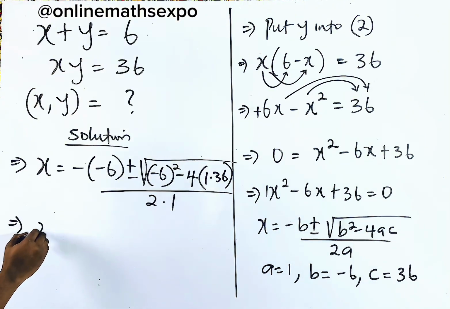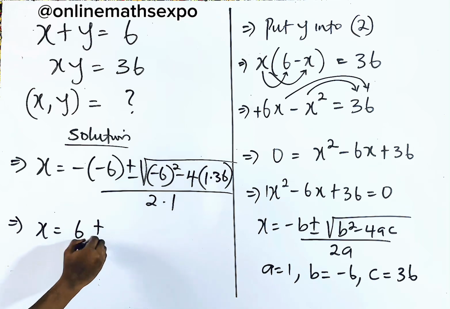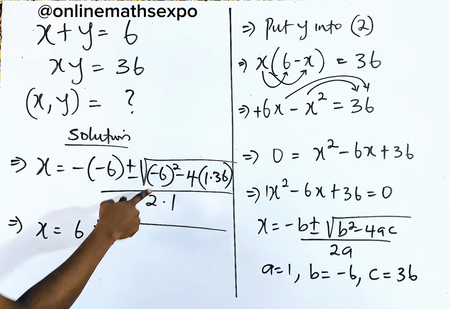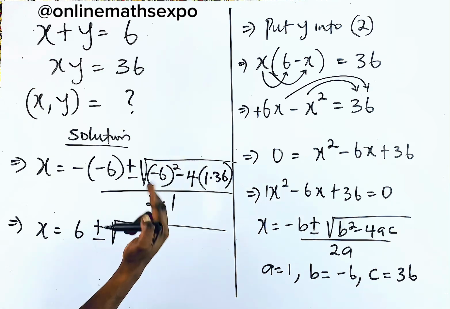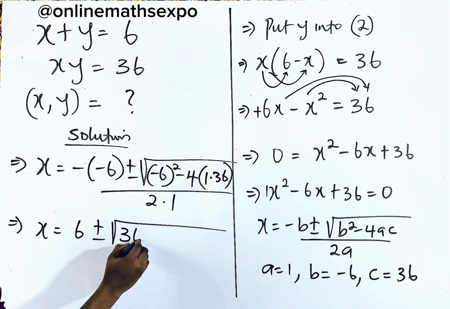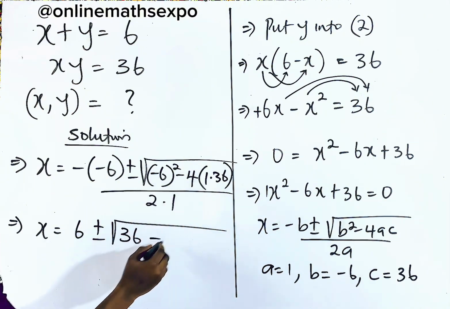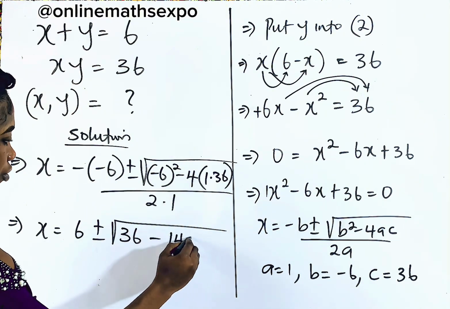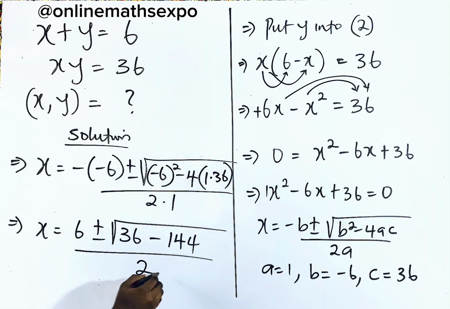So we are going to have x is equal to positive 6 plus or minus the square root of negative 6 squared, which is positive 36, minus 144, divided by 2.